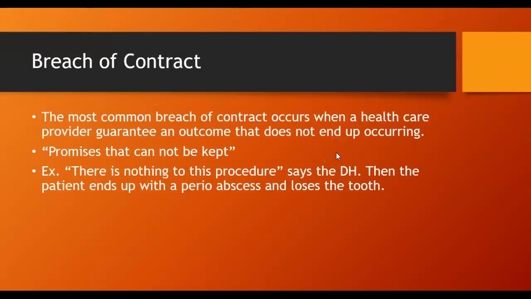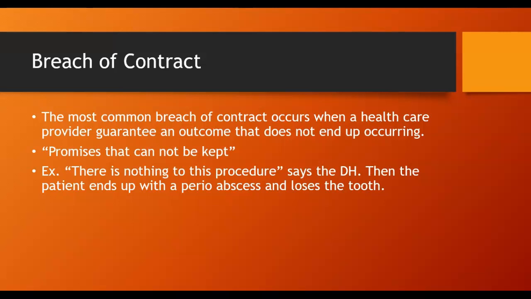Breach of contract. The most common breach of contract occurs when a healthcare provider guarantees an outcome that does not end up occurring. So, promises that can't be kept. We might not think about this, but it's pretty common that we might say offhand, like, oh, this is an easy procedure, there's nothing to it, says the dental hygienist.